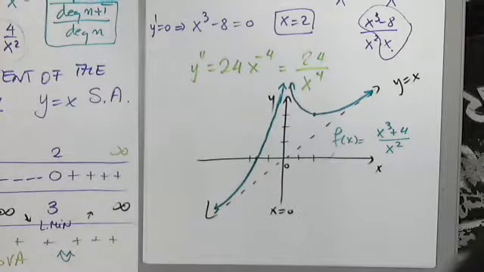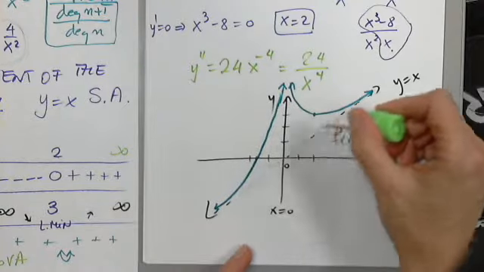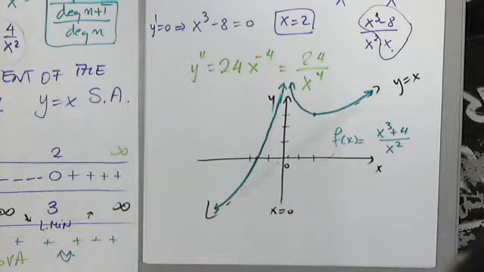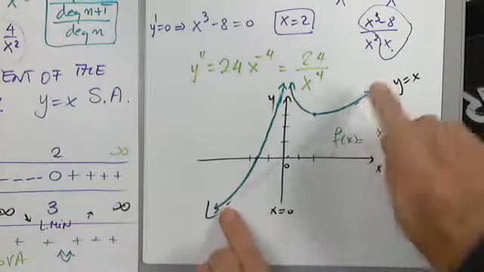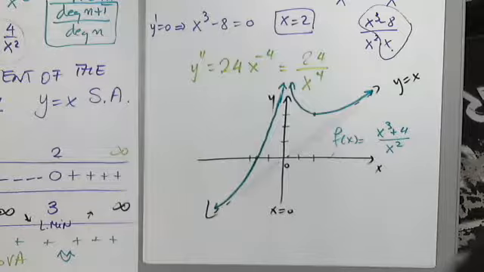Why? Because when we talk about the slant or horizontal asymptote, we don't really care about this piece. I could graph just a little piece here and a little piece here and say this is the slant asymptote, y equals x, but I can't do that.